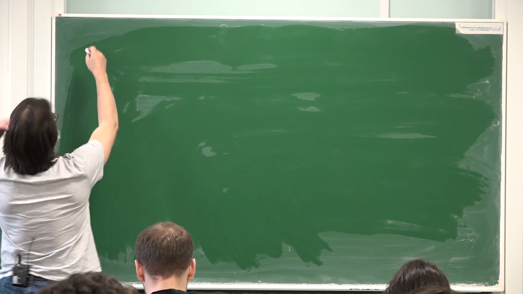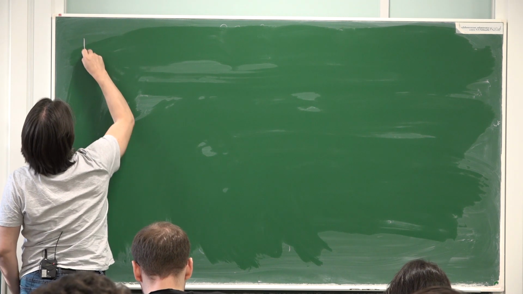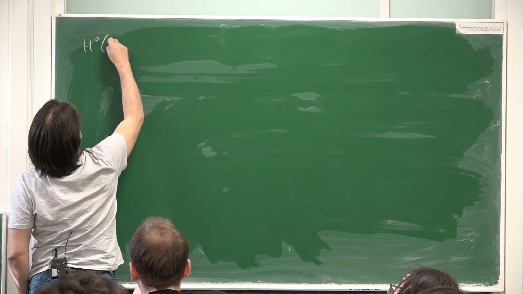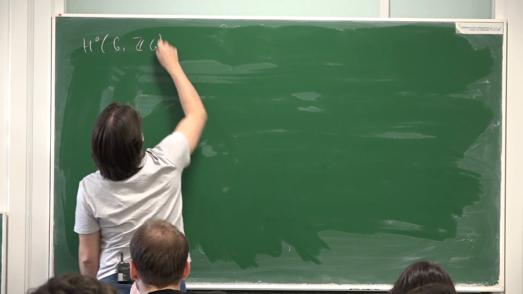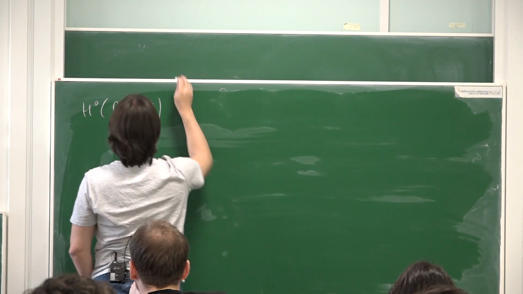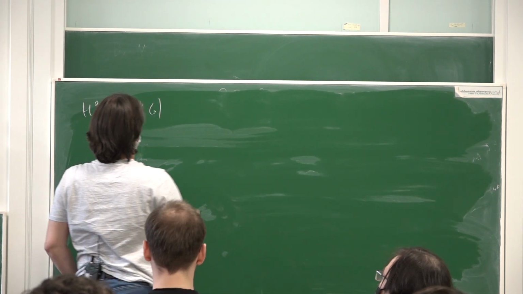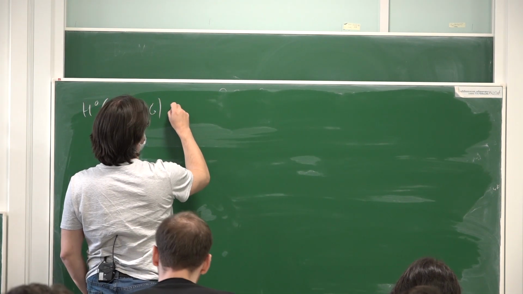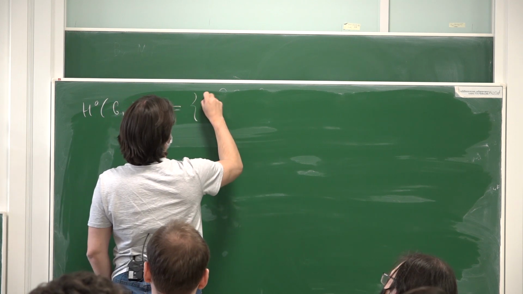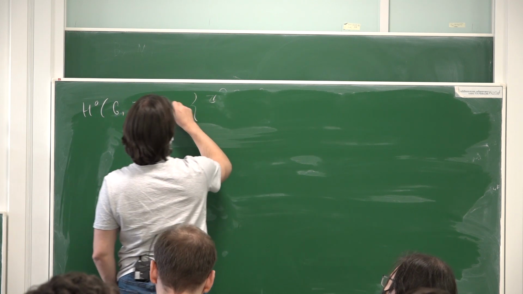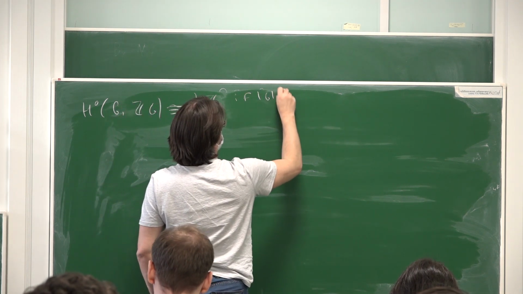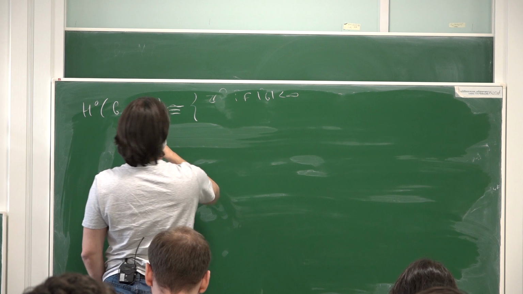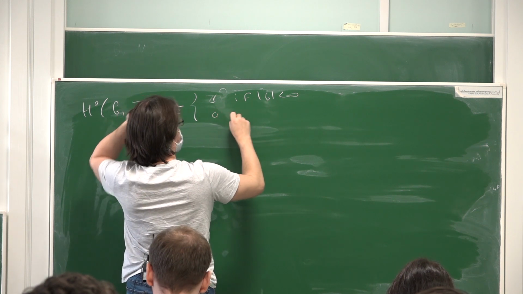So we get that if G is finite, then the zero cohomology of G with coefficients in ZG is Z. And if G is infinite, then it is 0.